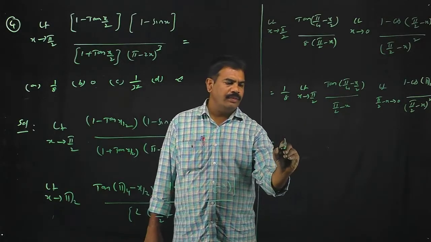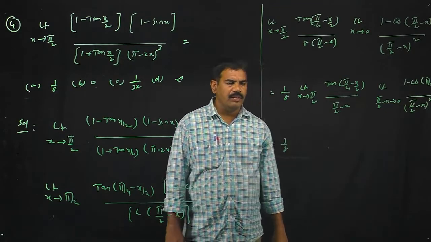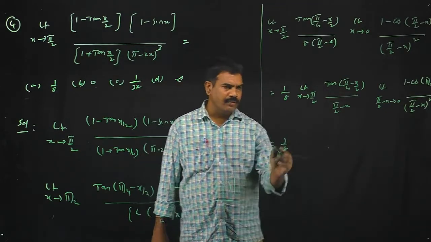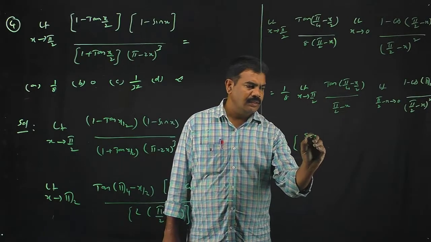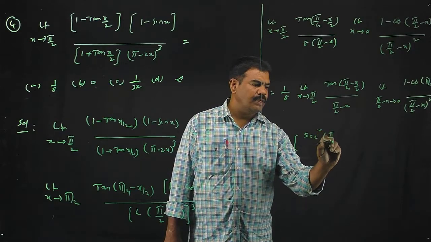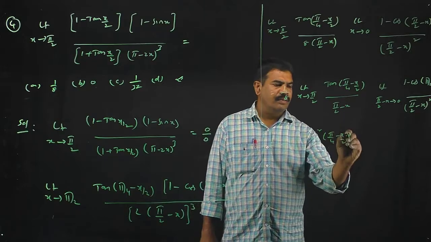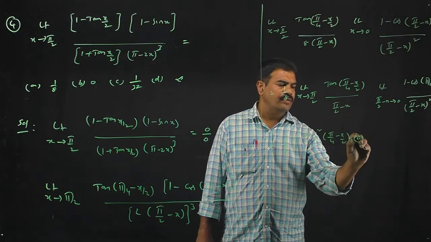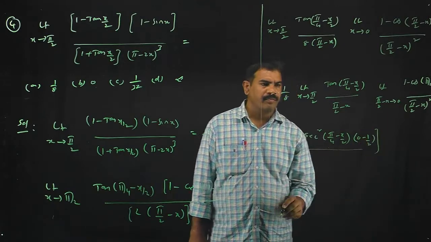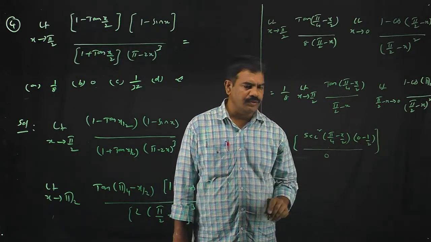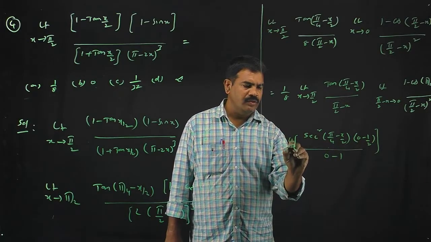That is equal to 1 by 8 into, now apply the limit, it is in the form of 0 by 0. Now we apply the L'Hospital rule: derivative of tan x is secant square x, that is secant square of pi by 4 minus x by 2 into constant derivative is 0 minus 1 by 2, by denominator also constant derivative 0, derivative of minus x is minus 1, limit x tends to pi by 2.